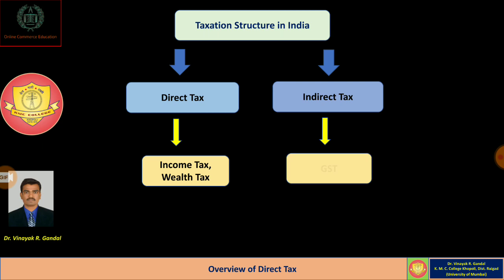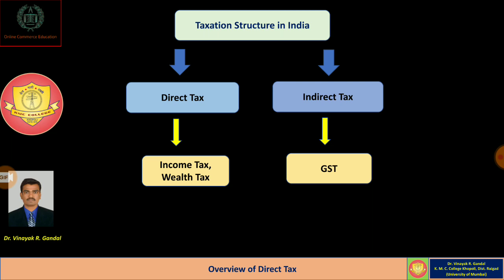Indirect tax consists of GST, which stands for Goods and Services Tax. Goods and Services Tax came into force with effect from 1st July 2017. Earlier there was an indirect tax which consisted of many taxes like sales tax, VAT, that is value added tax, CENVAT, customs duty, octroi duty.